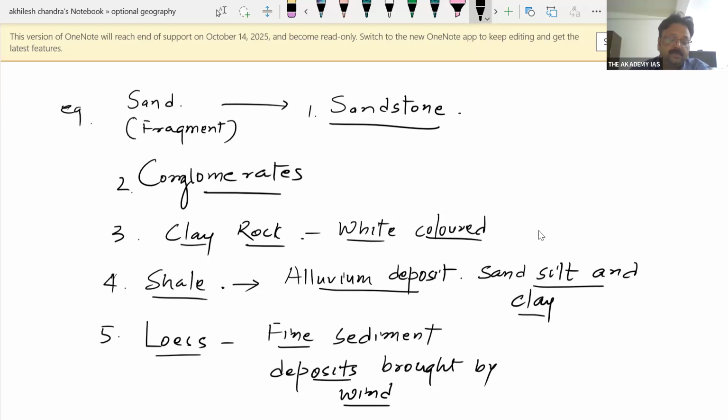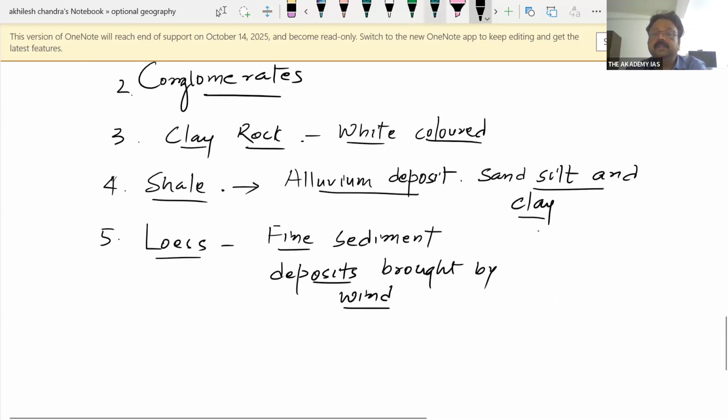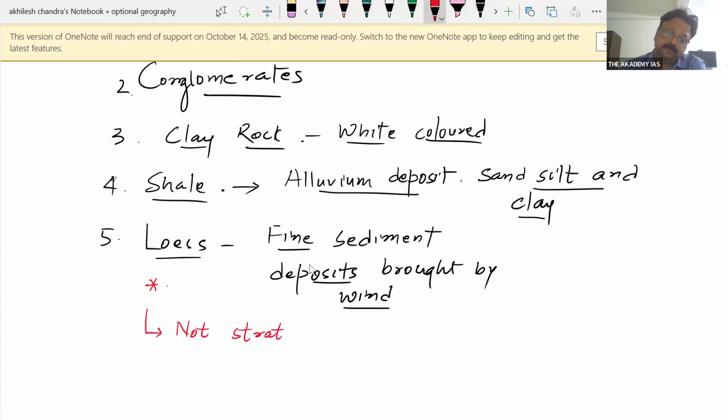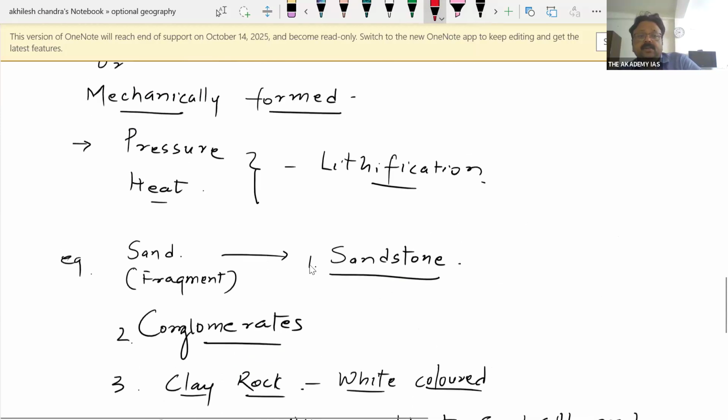So loess rock, mechanically formed loess rock. And do remember, there is a peculiar feature of loess rock, and that is what? Loess rocks are not stratified. They are not stratified. So these are the mechanically formed sedimentary rocks.